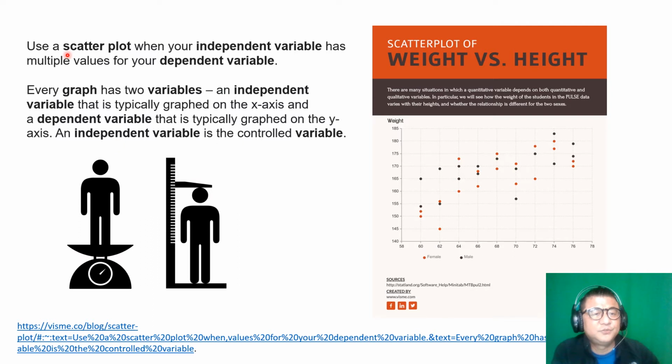So now let's review our definition. We use a scatter plot when your independent variable has multiple values for your dependent variable. Remember, every graph has two variables: the independent, the one on the x, that is typically graphed on the x-axis, and the dependent, that is typically graphed on the y-axis. An independent variable is the controlled variable.